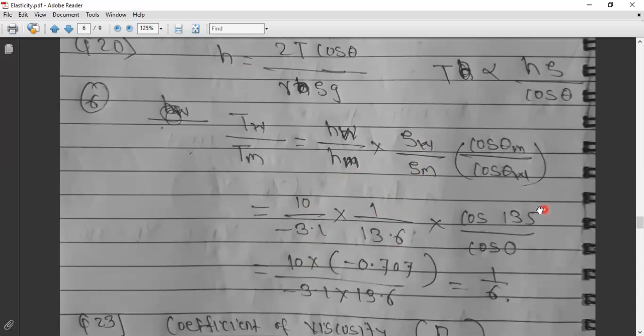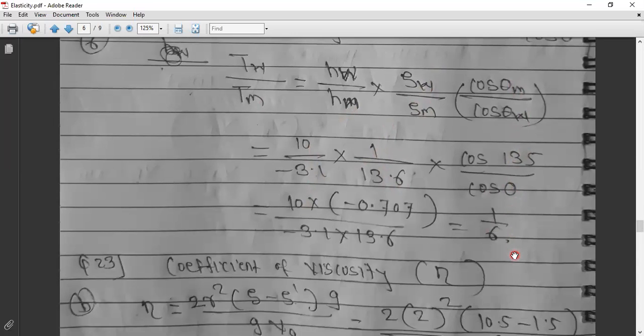Write down its ratio. The angle of contact in water is 0. Simplify it, we get the ratio of the surface tension is 1 by 6. So for question number 20, the correct option is option number C.